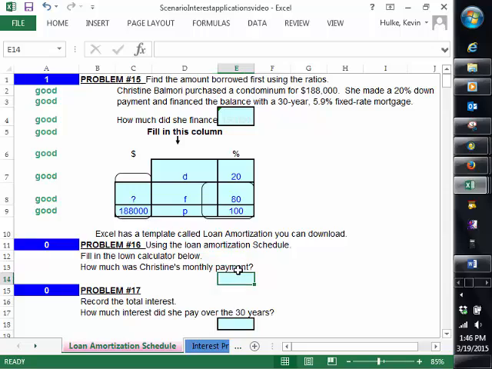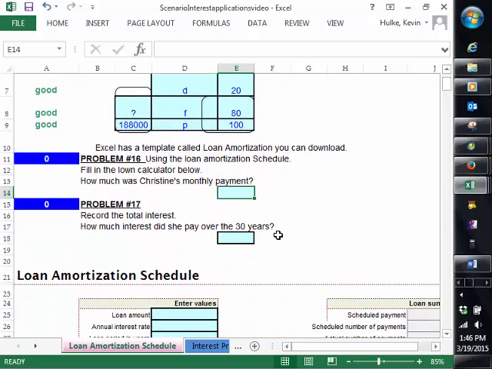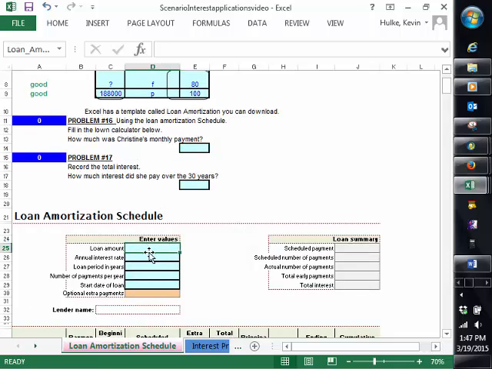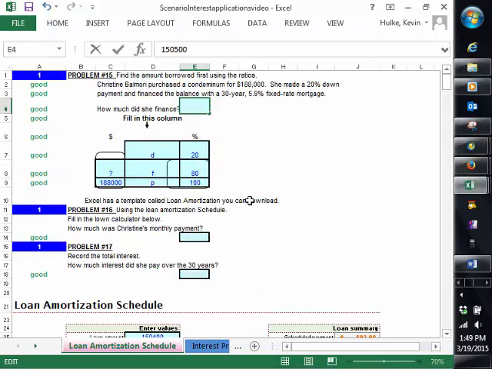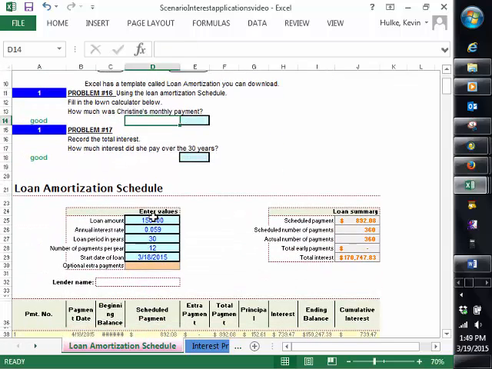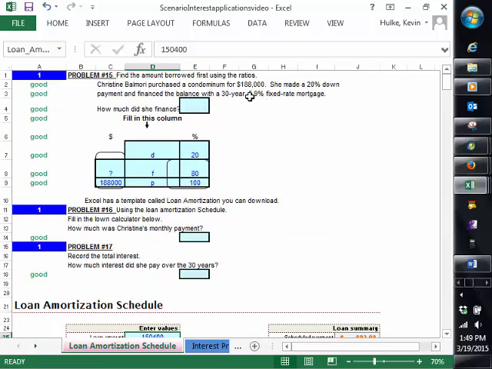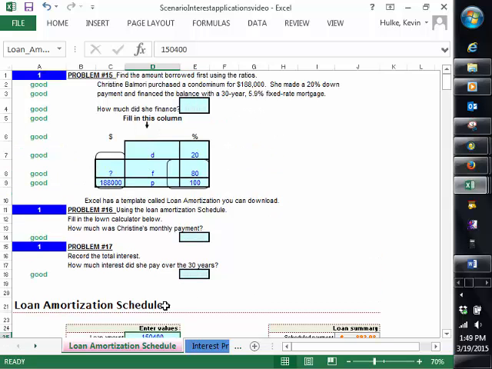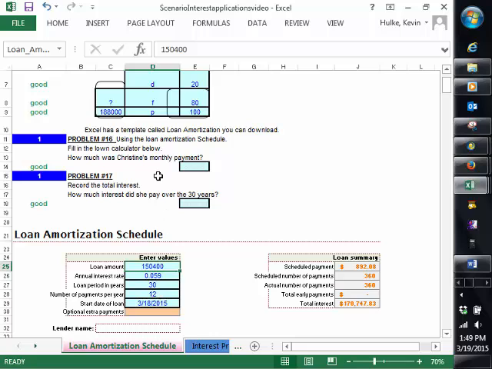Okay. Her monthly payment, we're going to use the loan amortization schedule to figure that out. Her loan amount, we financed the $150,400. We take that amount and fill it in the loan total amount, and then we put in the annual interest rate, which we got from right here. Put in the loan period in years, 30 years. Since she's paying monthly, we'll put that in, and then I put in today's start date.